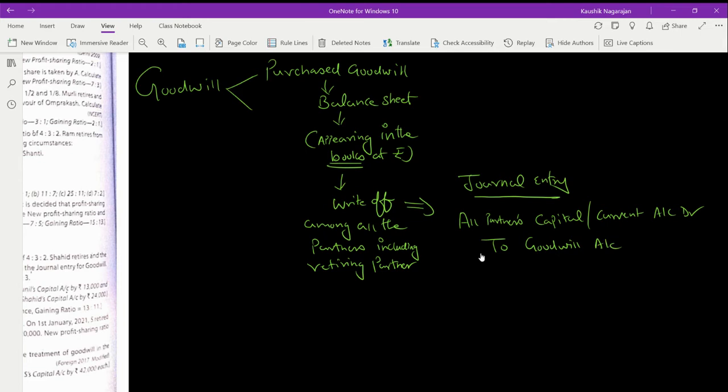And remember, the write off will be done only in the old profit sharing ratio. So old PSR will be used to write off.